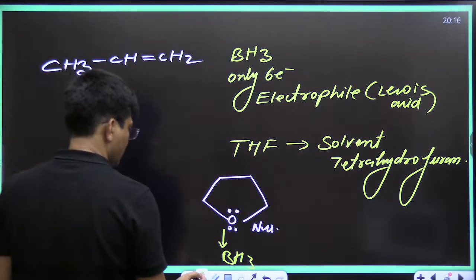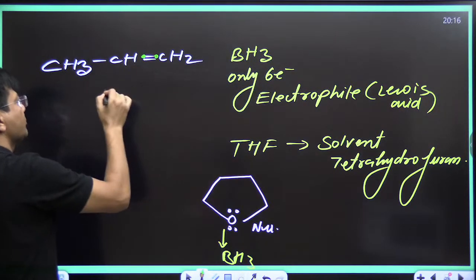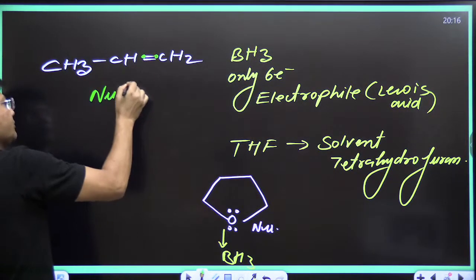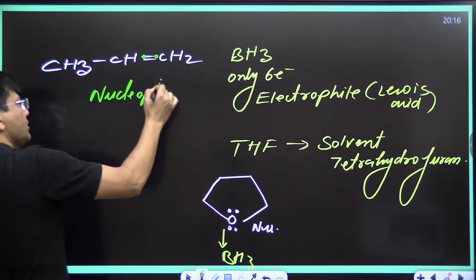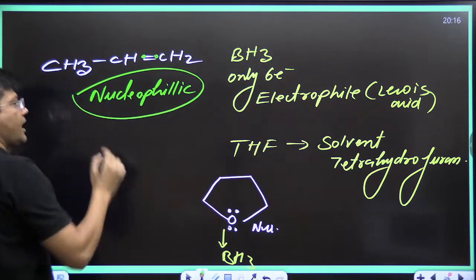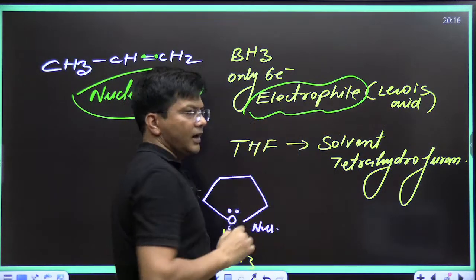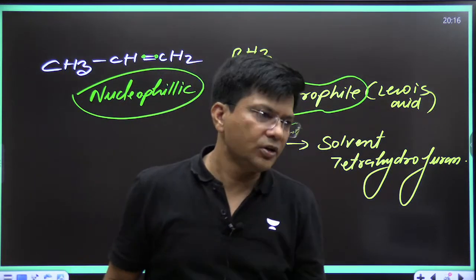But anyway, let's come to the reaction. This has pi electrons, so it is nucleophilic, and that is electrophilic. So definitely the electrophile is going to attack the nucleophile.